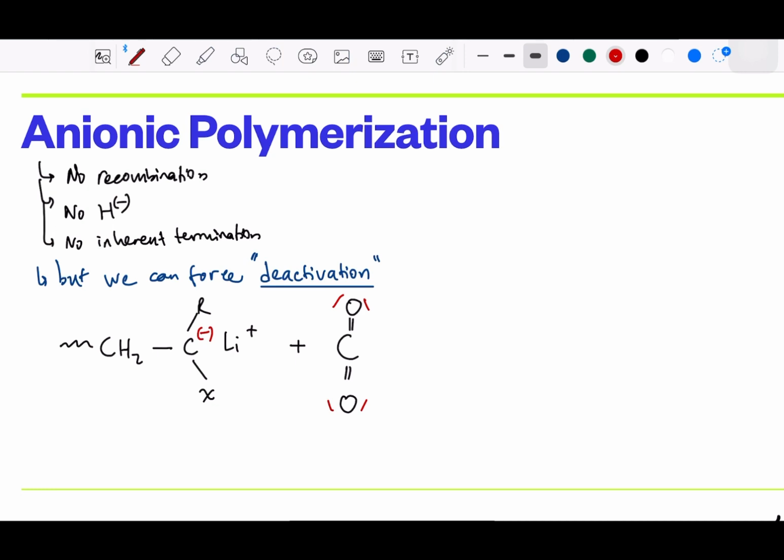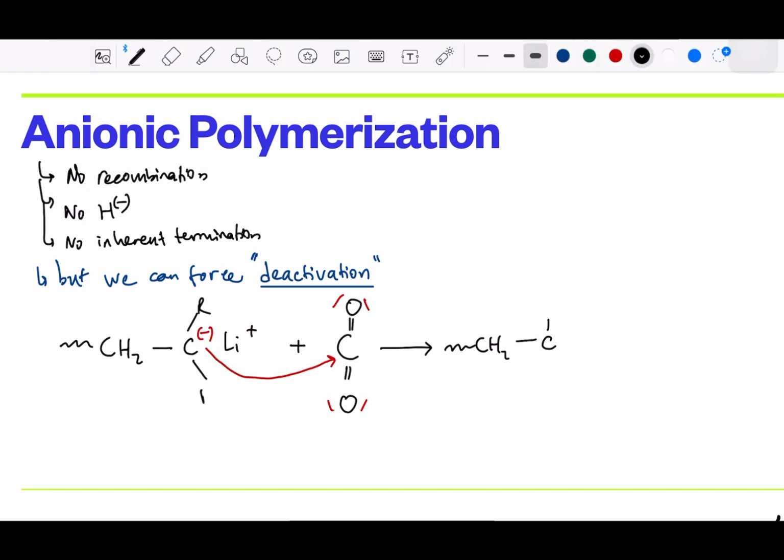Since the carbon is more positive, this charge is attracted to that carbon, and this will force the reaction.